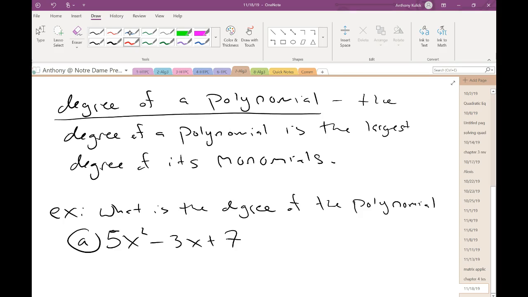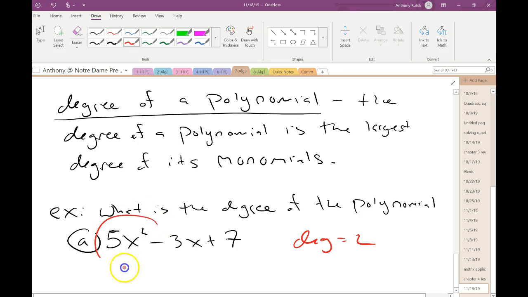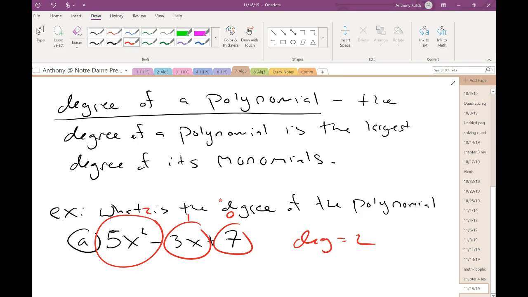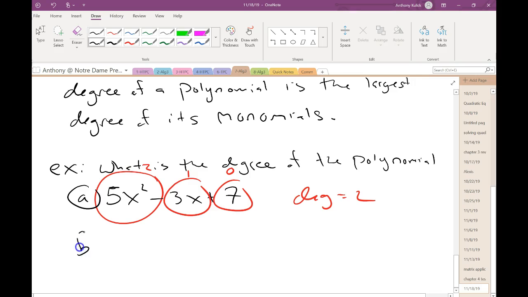So it's the degree of this polynomial. Why? Because this monomial has degree 2, this monomial has degree 1, this monomial has degree 0. The biggest degree of the monomials was 2. Everybody happy with that? Okay.